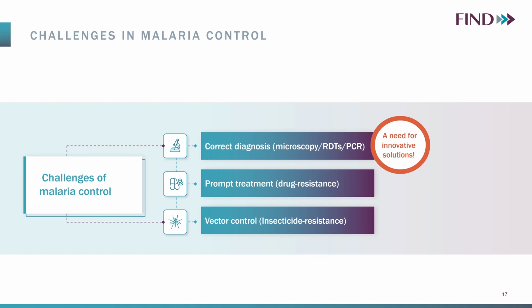but it has problems. Most of them cannot identify all Plasmodium species, especially Plasmodium vivax, and also it has problems with the emerging Plasmodium falciparum parasites, which have HRP2, HRP3 deletion mutations.